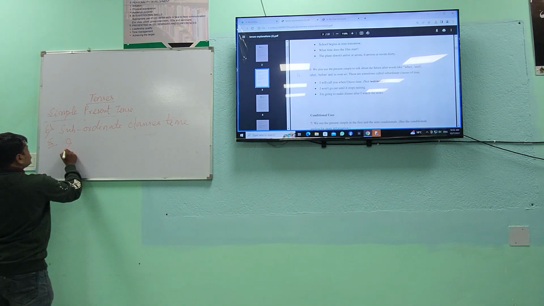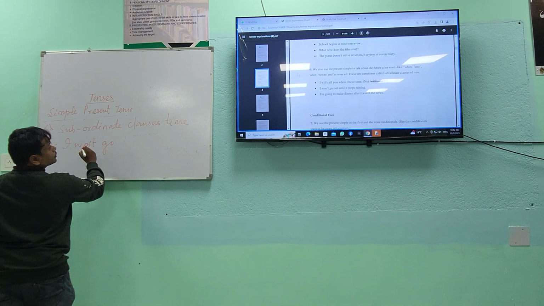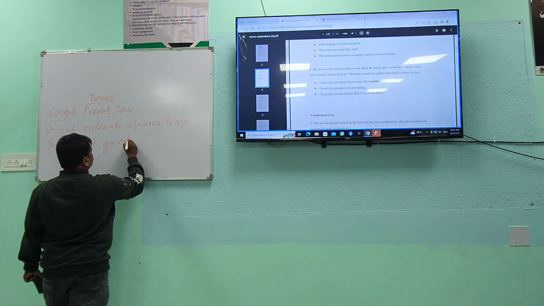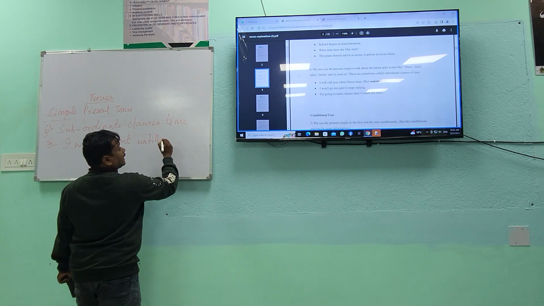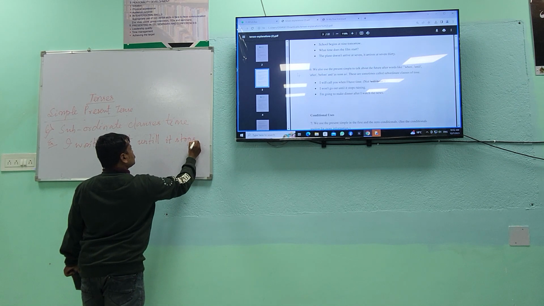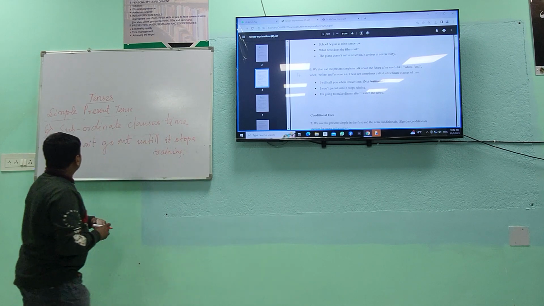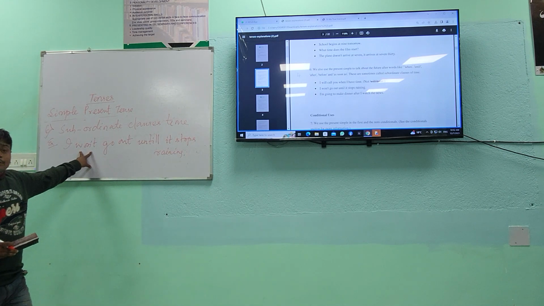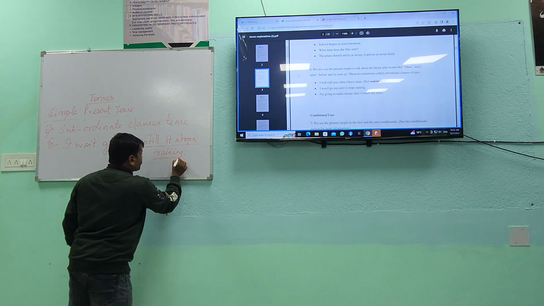I won't go out until it stops raining. Look, here there is future tense in the main clause, and this is the subordinate clause of time.